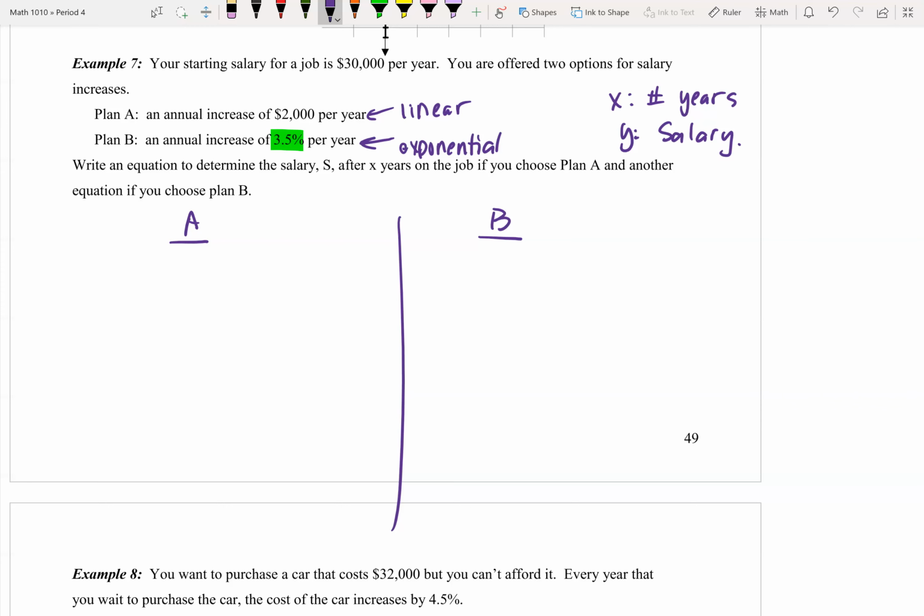Plan A is pretty easy. It's just per year. X is years, so it's 2,000 X plus 30. But I think plan B is very true. 33.5, and then X, oh, that's percent then, because isn't it the one with the exponent x? So like that, to the power of X, and then you times it by... Wait, what's the number?